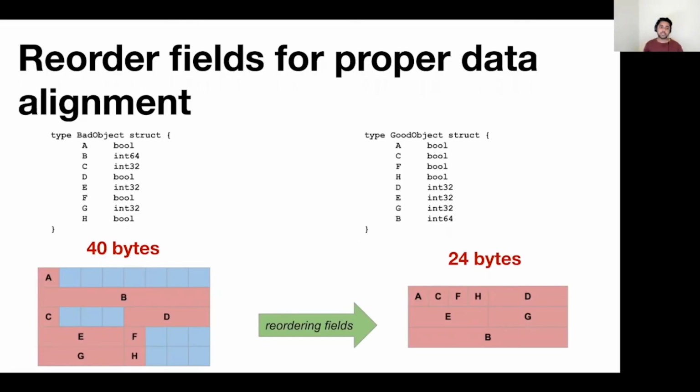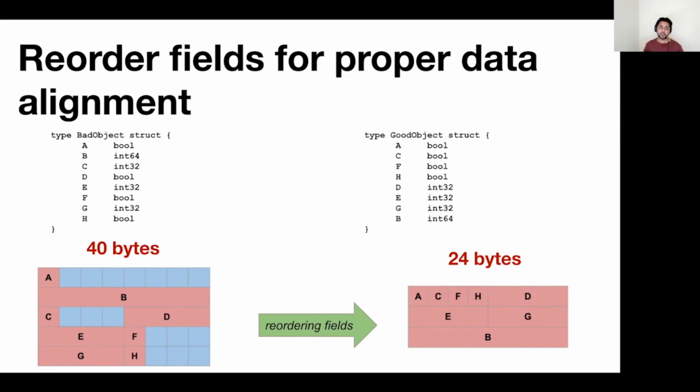One more thing for us to keep in mind as we're looking at our data structures is how the Go memory allocator actually works. And it does not optimize to minimize the memory usage. In this case, as you can see, we have 2 objects with identical fields, just ordered differently. The objects are allocated 1 field at a time, and in this case, for the bad object, in order to respect word alignment, the Go allocator adds padding to the data in memory.